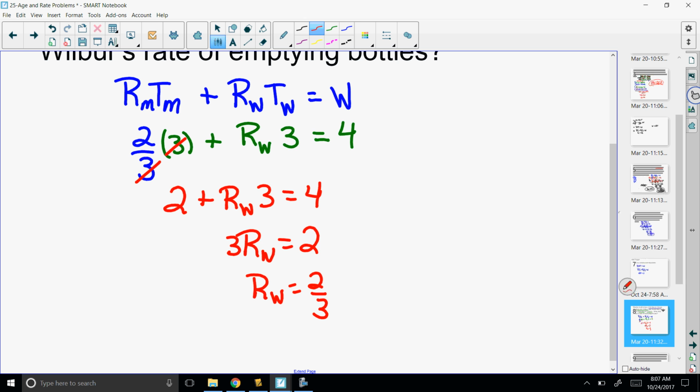So his rate is 2/3 of a bottle per hour, if you want to look at that. 2/3 of a bottle per hour, or 2 bottles in 3 hours.